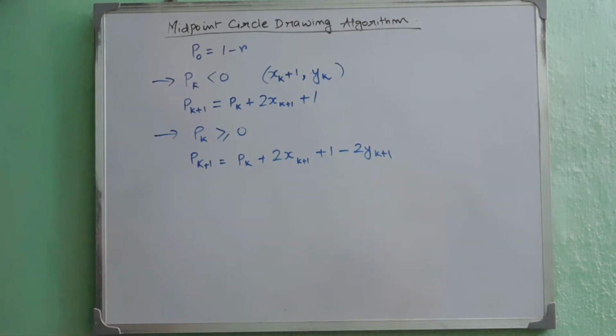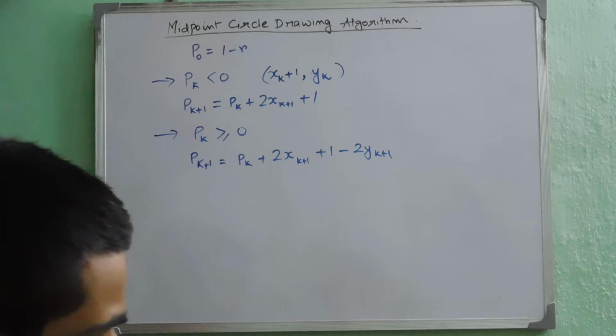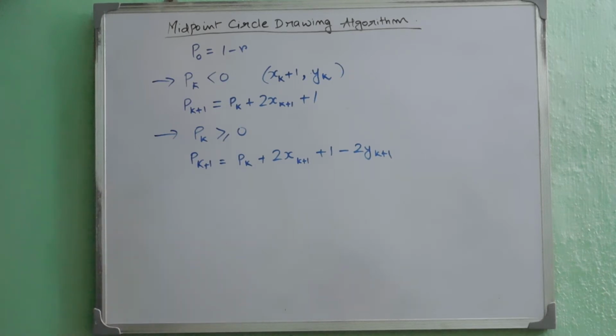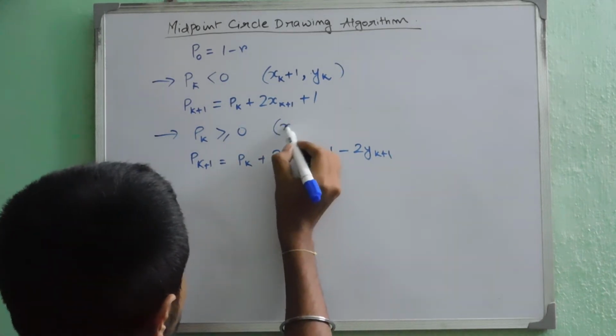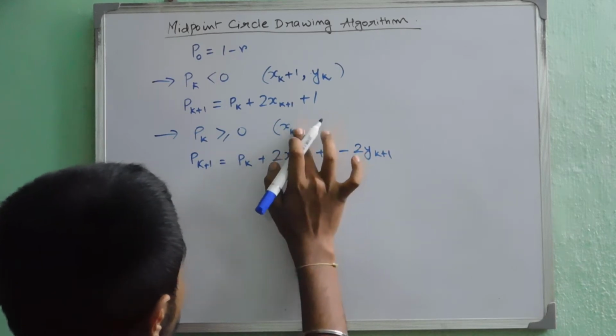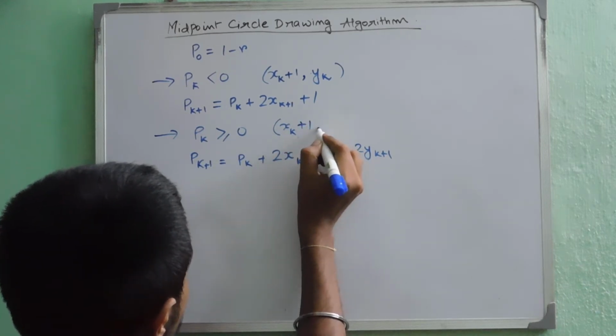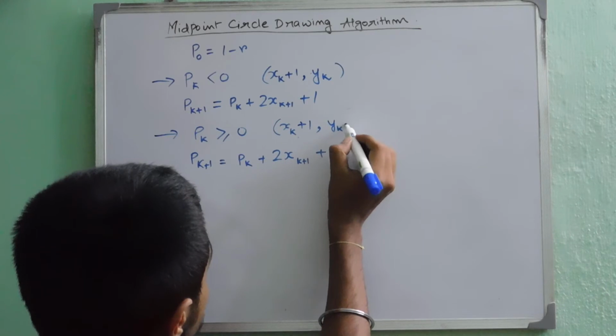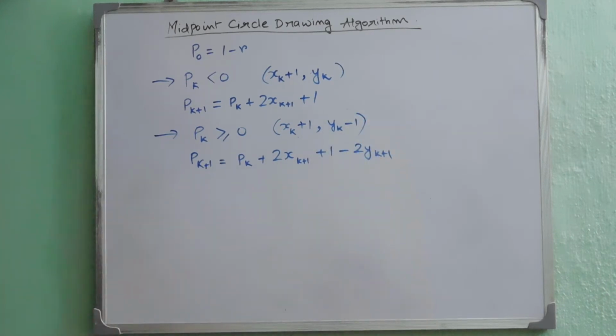And in that case the next point where we will put our pixel will be xk plus 1 and yk minus 1. So these you need to know in order to solve the numericals using the midpoint circle drawing algorithm.